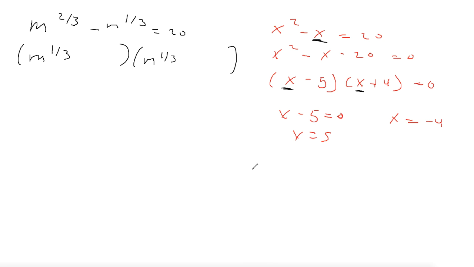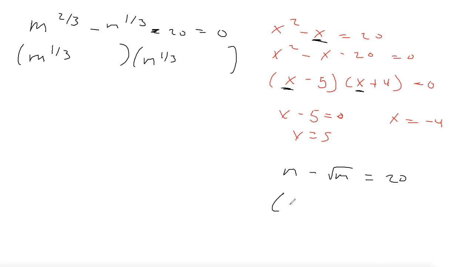If this had been instead m minus square root m equals 20, and I should have subtracted this 20 over. I just realized before I wrote that out, but pretend like I've subtracted the 20 and now it's equal to 0.